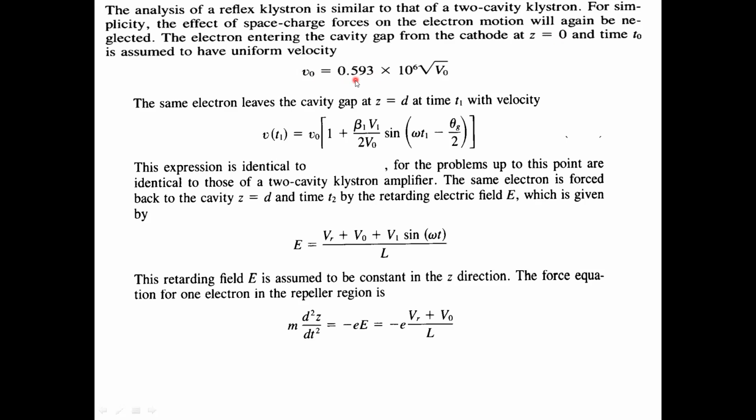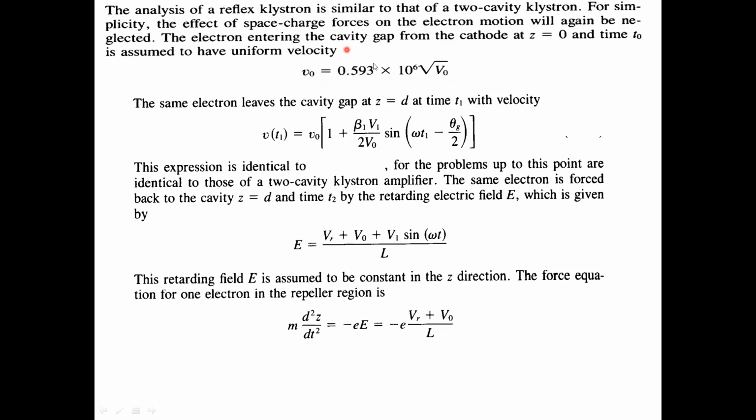That equals 0.593 into 10 power 6 square root of the applied voltage V naught. I think everybody is understanding, take a snapshot. So V naught equals 0.593 into 10 power 6 square root of V naught, where V naught is the applied beam voltage.